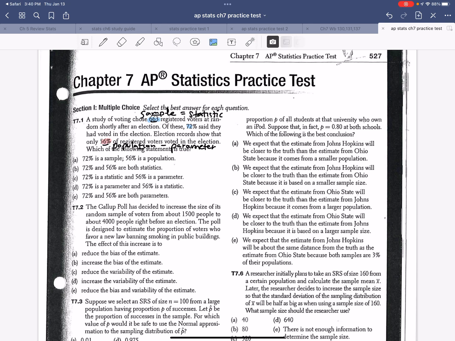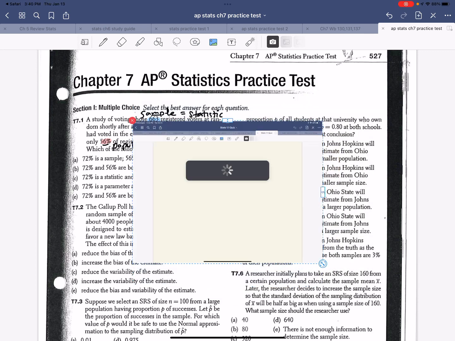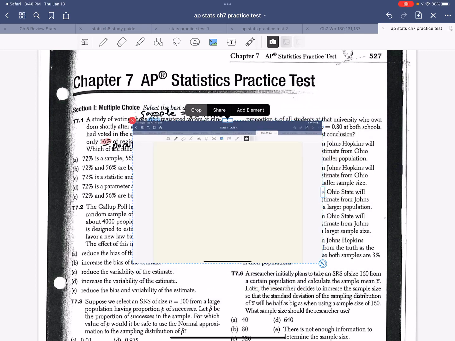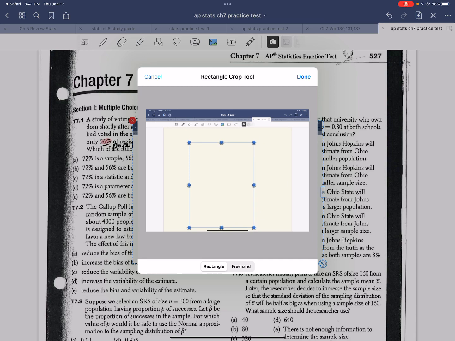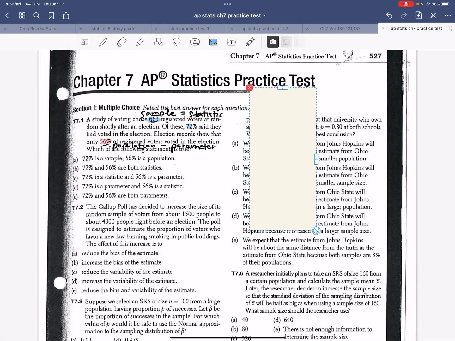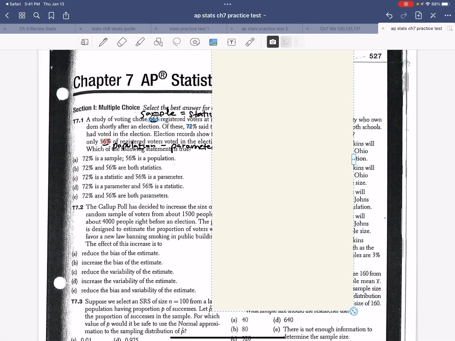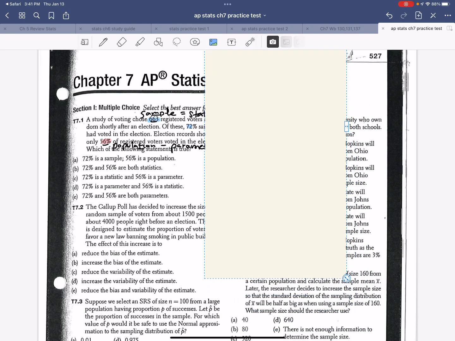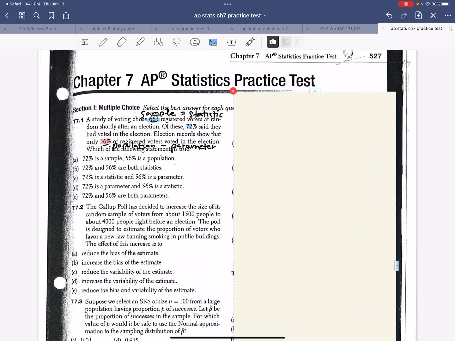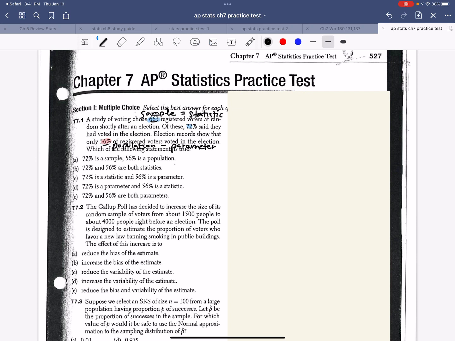Okay, so when I look at what kind of notes I should put here, let me just crop this. I don't want to just take notes on here. I want to actually turn in notes on another piece of paper that I could use to make sense of it here.